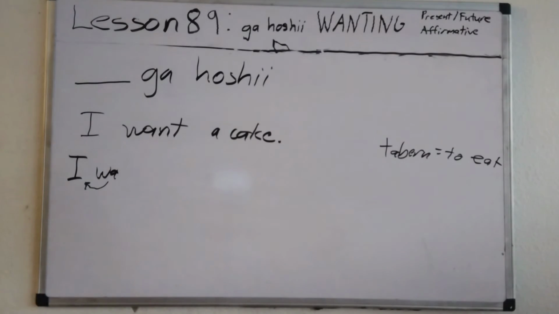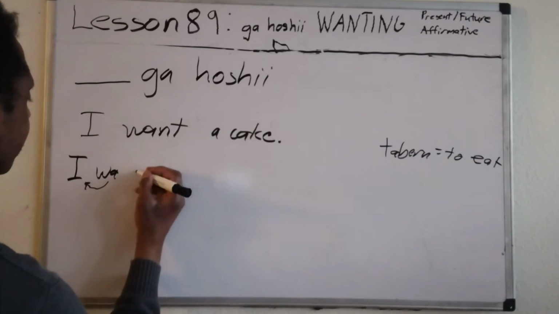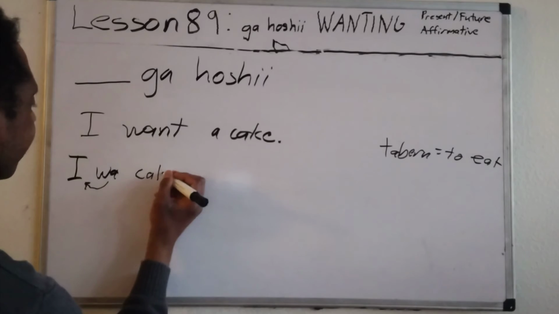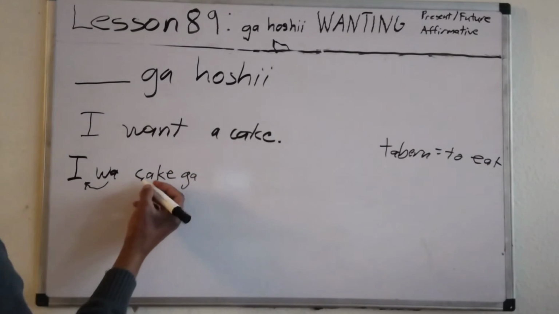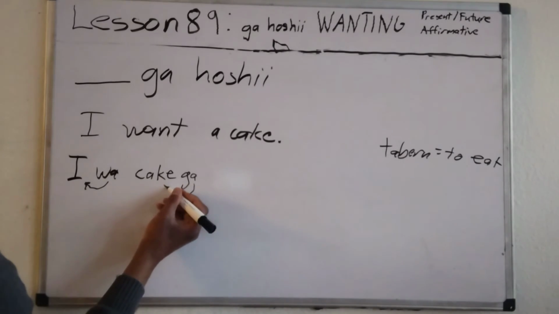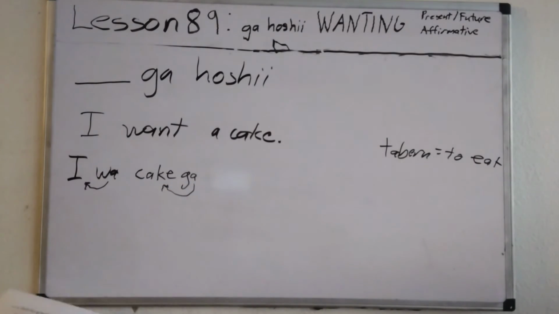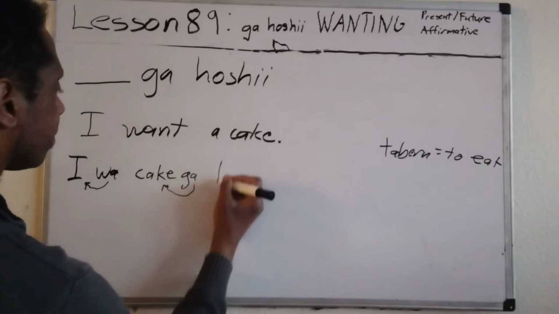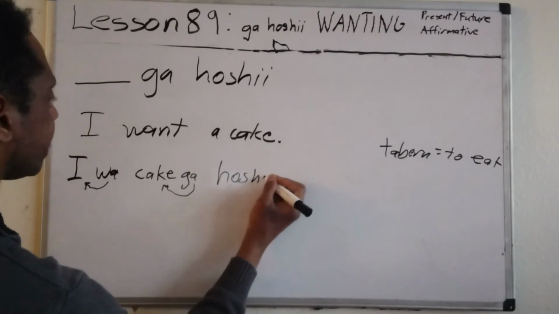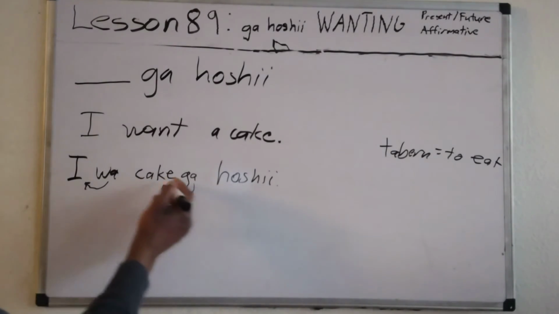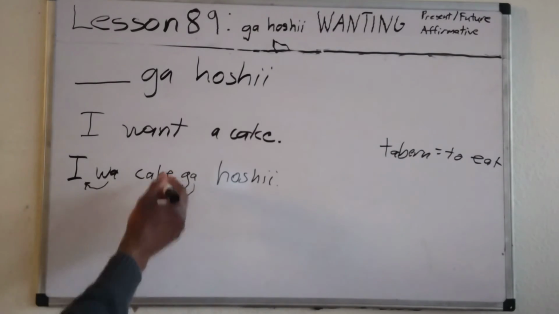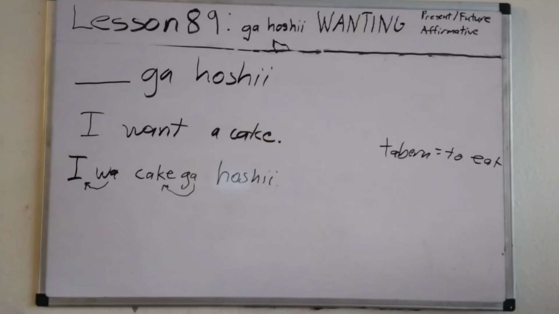We're acquainted, type of thing. Cake ga. Now, ga is pointing to cake because I'm telling you, well, let's write this down. Hoshii. Okay? I'm telling you about cake. You didn't know. I want a cake. This is the first time I'm telling you I want a cake. So I'm going to use ga here.